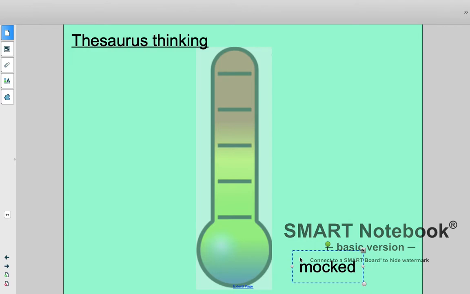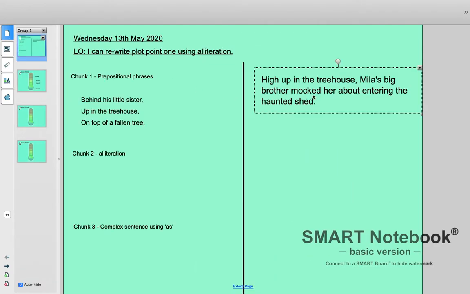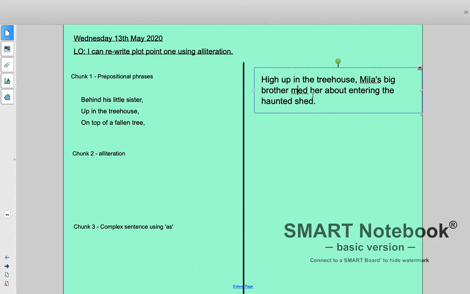Are there any other synonyms? I'm going to use teased. What else might there be? Taunted or insulted. I don't think he's actually insulting Mila, so I'm going to use teased. I'm going to change mocked and put teased. So that could be our first part.